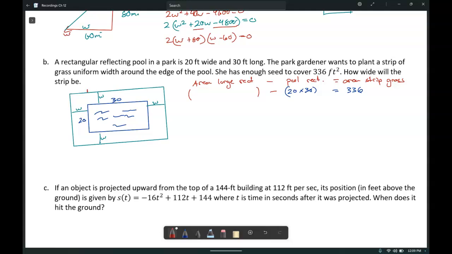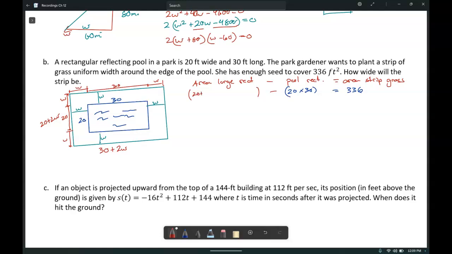Well, we know that the large rectangle is going to be more than 30 feet because the distance here is 30. We also know that this distance is w, and this distance is also w. So the full length across will be 30 plus 2 times w. Similarly, with our length, we know that this part is 20, but here to the edge is w, and to the other edge is also w, giving us a full length of 20 plus 2w.